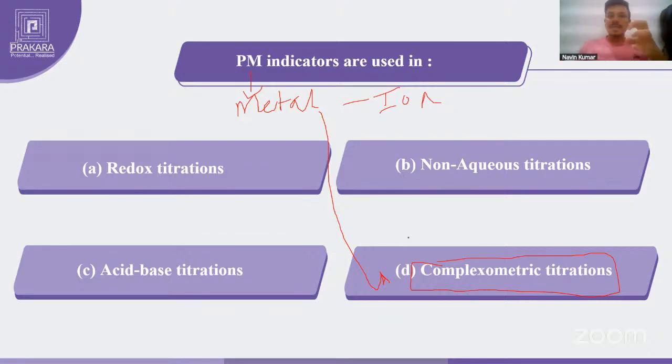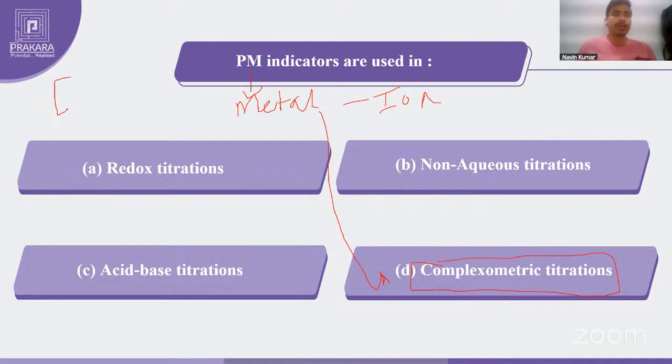And when the metal and ligand react, they make a complex. So that's why it's known as complexometric titration. And the indicator used in complexometric titration is known as metal ion indicator or PM indicator.